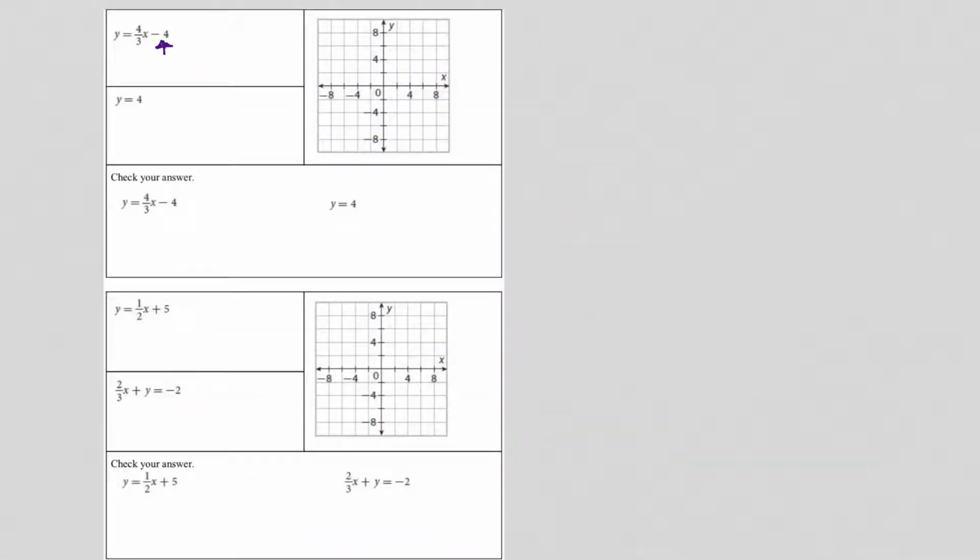So if I'm looking at this next example, I know where the arrow is, that negative 4 is a y-intercept, right? Because anything in slope-intercept form, that's the y-intercept, that's the slope. The slope is a positive 4/3, so I'm going up 4 over 3, and then up another 4 over 3.